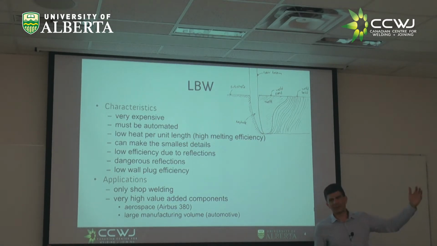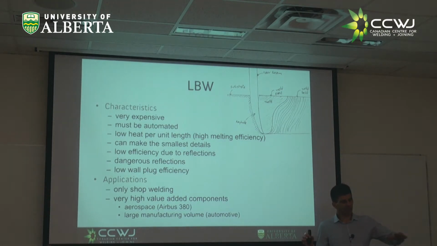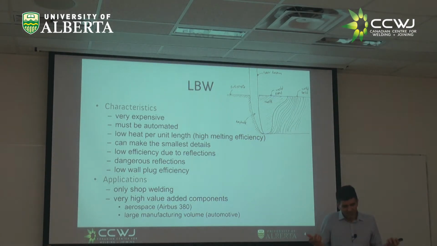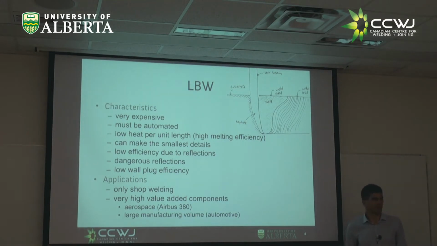When the oil price is high, everybody's happy. The oil price is low, and I don't know what we're going to do, because we don't know how to weld fast. You guys are going to be fine because you're taking this class, but everybody else before you is going to be in trouble. So in Ontario, or in Germany, or in Japan, people weld with lasers very quickly. That's what you want in automotive manufacturing.